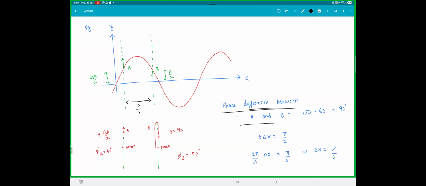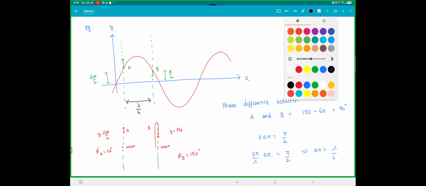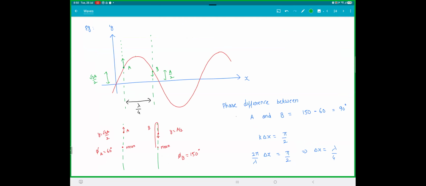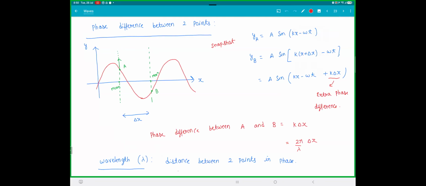I'm comparing between two different people. I hope that wording is clear. So phase difference and phase angle of a point are different. So if I know the distance between two points, I can find the phase difference. And lambda is your wavelength, that is the distance between two crests and the distance between two troughs. That is the simplest definition.